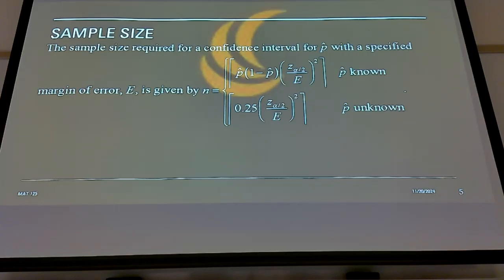That is if p hat is known, so you already know your sample proportion. If you do not know your sample proportion, it is the ceiling of 0.25 times the quantity z over E, squared. That 0.25 is found to give the maximum sample size.